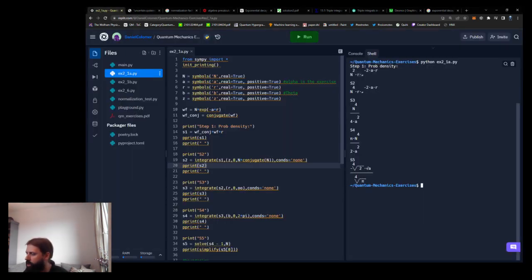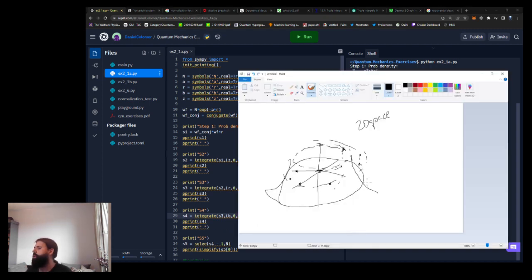I'm pretty sure that this is correct. 0 to n squared. Then you integrate on the radius, which can be 0 to infinite. And then you integrate on the angle, which is basically 2 pi.